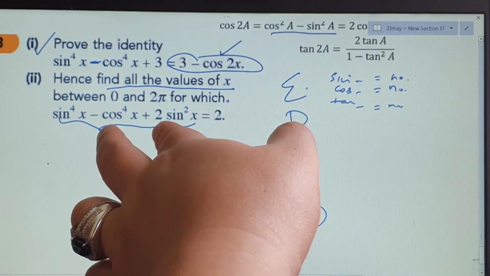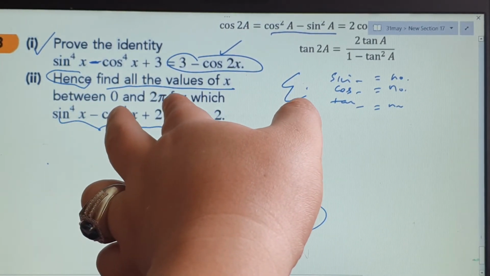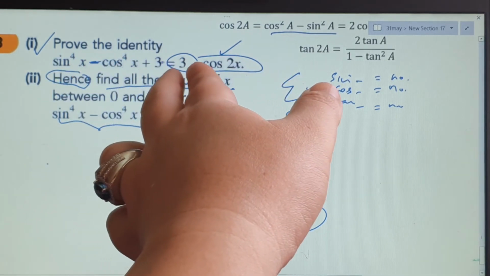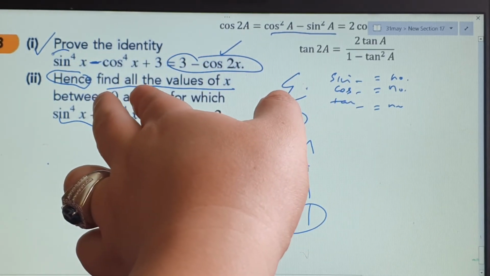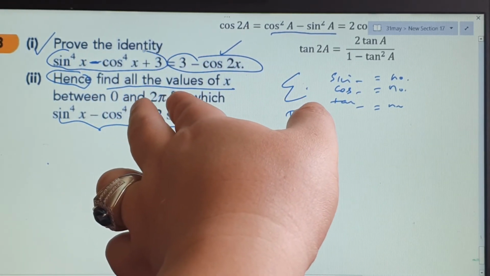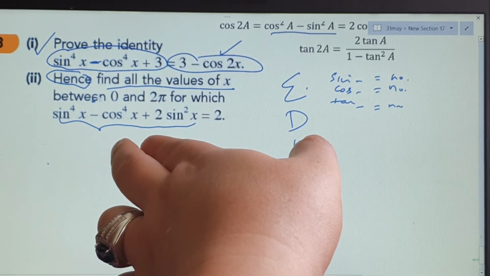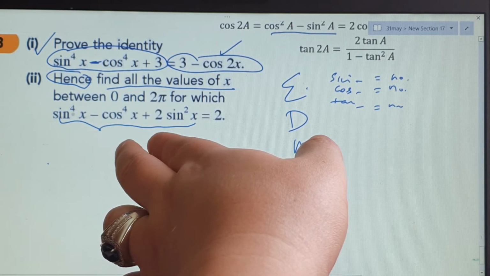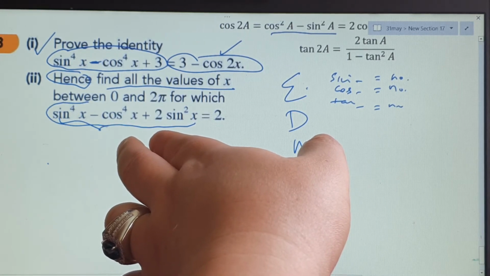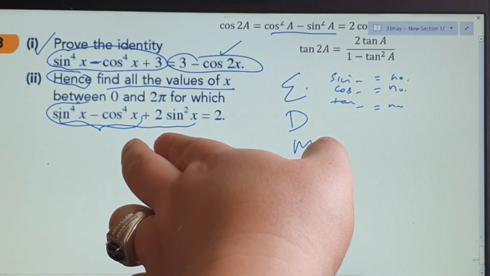No, not yet. That's why they use the word hence here. They want you to use this first part to help you. Now, do you notice that this is partly the same? We have this, but we need another plus 3.